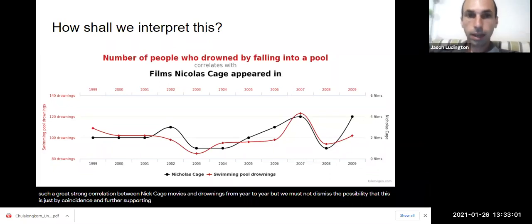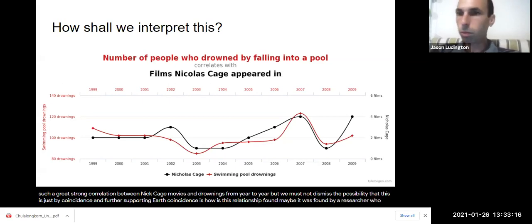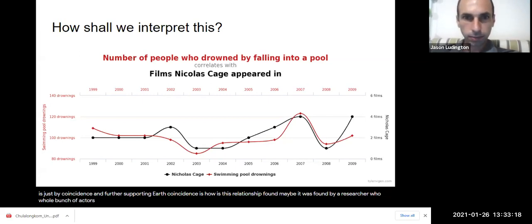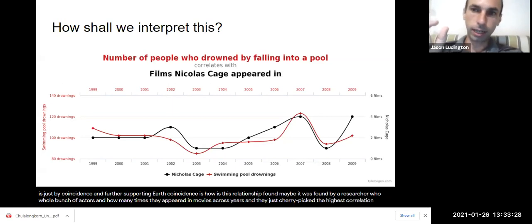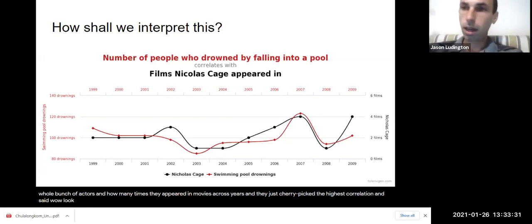the possibility that it's just coincidence is, how was this relationship found? Maybe it was found by a researcher who lined up a whole bunch of actors and how many times they appeared in movies across years. And they just cherry picked the highest correlation and said, wow, look, there's a 0.80 correlation, strong correlation.